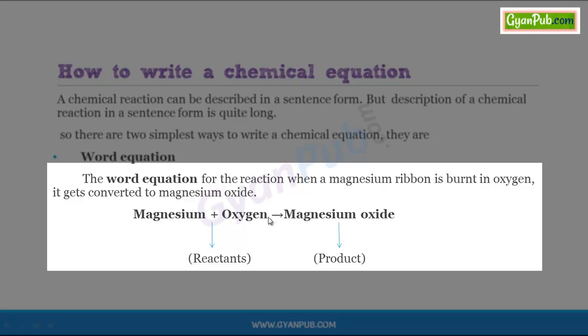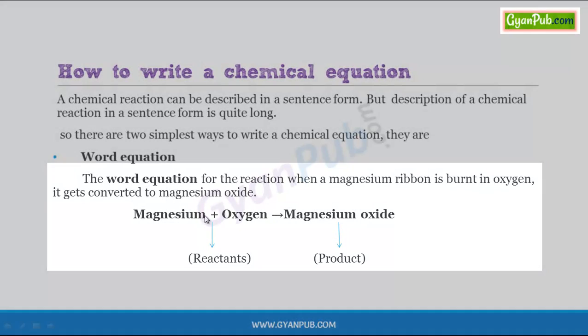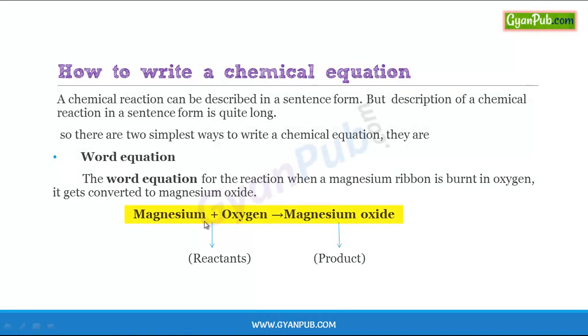In this equation we use the words of the chemicals involved in the reaction. The reactants are on the left hand side of the equation, added with a plus symbol, and the products are on the right hand side.